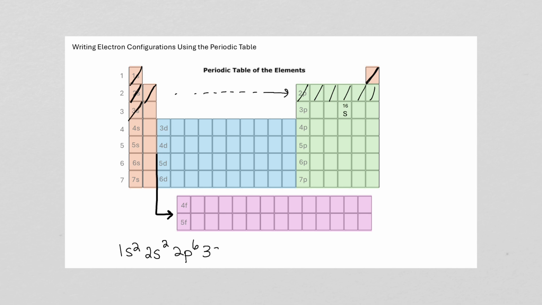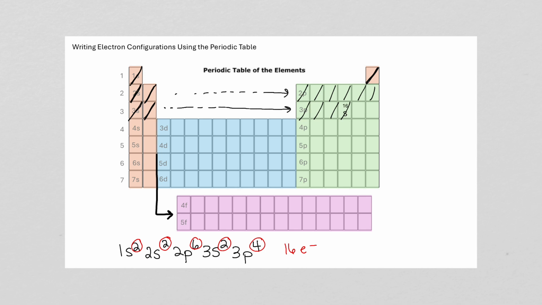I'm in my 3s. I've got 3s1, 3s2. And then I go across and I'm in my 3p's. 3p, 1, 2, 3, 4. 3p4. If I count the number of electrons, I have 2 plus 2 plus 6 plus 2 plus 4, which gives me 16 electrons in total for sulfur.